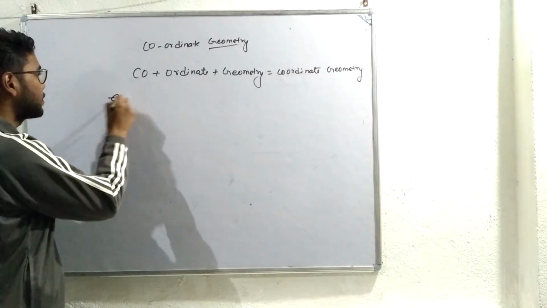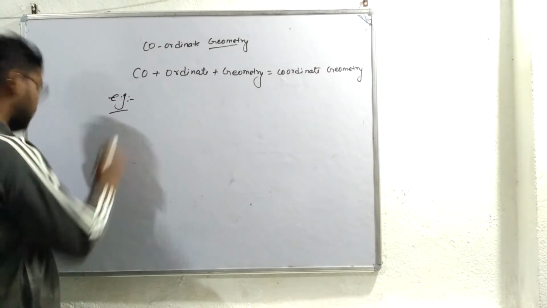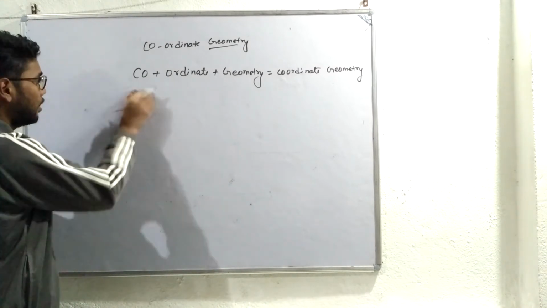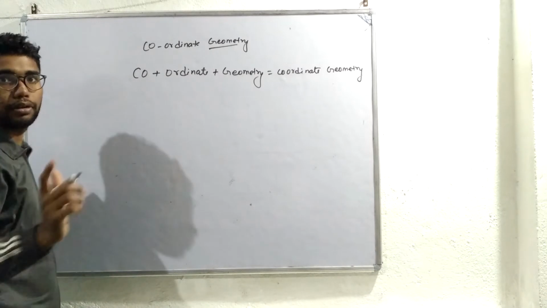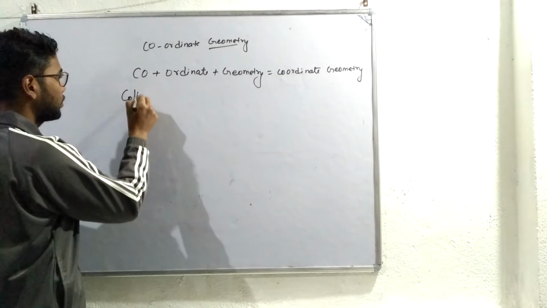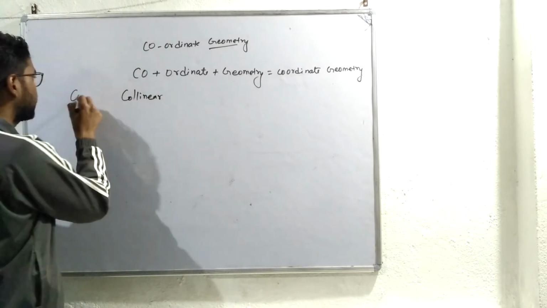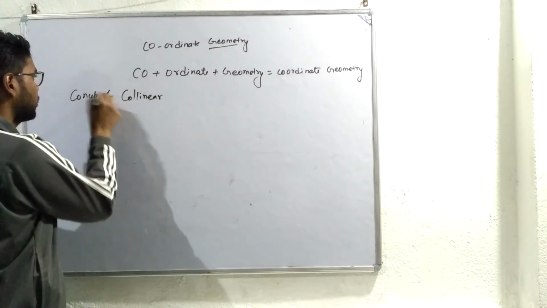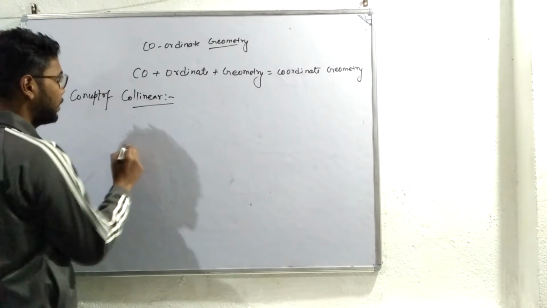Let's see some examples. Before the example, we have one more important concept, that is collinear.